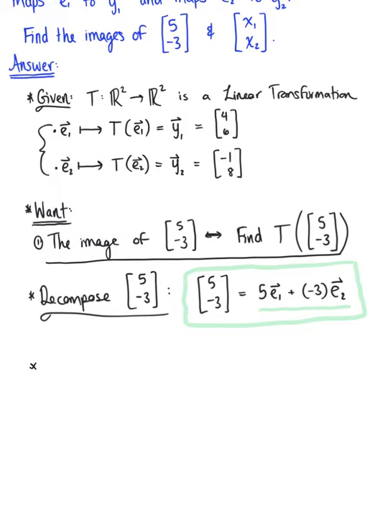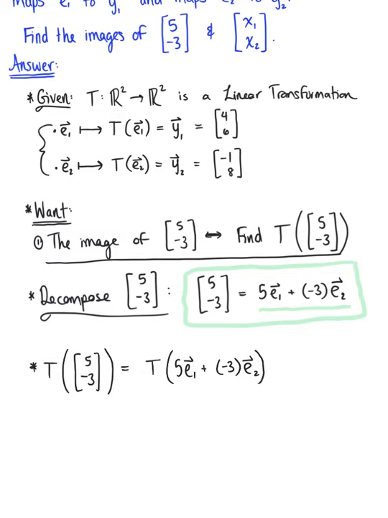So here we go. We want to find the image of this vector (5, -3) under the action of T. So we just decompose this. So this is the image of this linear combination, 5 times the elementary vector e sub 1 plus -3 times the elementary vector e sub 2.